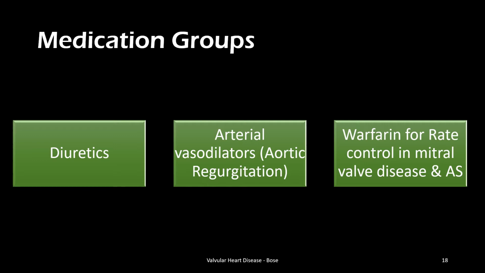Anticoagulants like warfarin provide heart rate control in mitral valve disease and in atrial stenosis. Drugs like negative inotropes must be avoided generally. So, for example, any kind of beta blockers or ACE inhibitors or ARBs are not usually drugs that are used in patients with valvular heart disease.